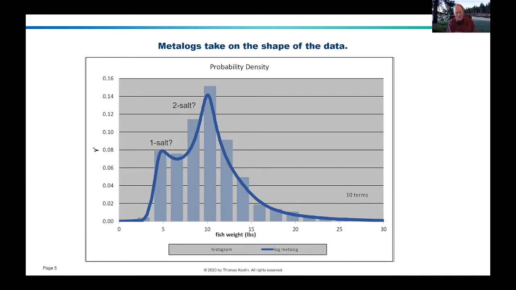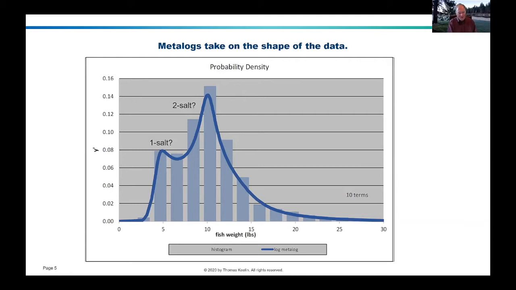And not just the population sizes, but also the weight: the 1 salt fish tend to be 4 to 6, 7 pounds, and the 2 salt fish tend to be 8, 10 pounds and over. There are also a very few 3 or 4 salt fish that get up to 20, 30. I think the largest steelhead ever caught and released on record was over 40 pounds.